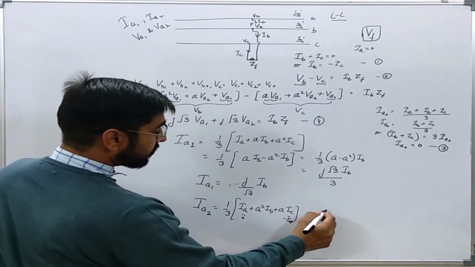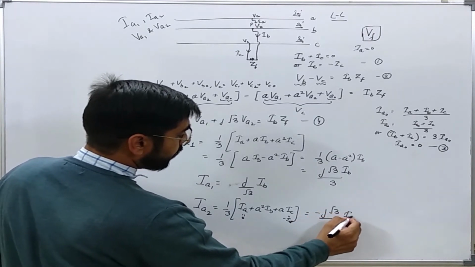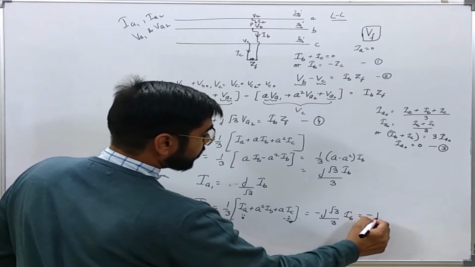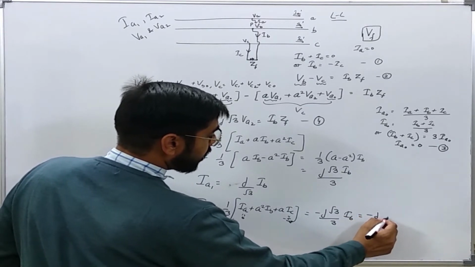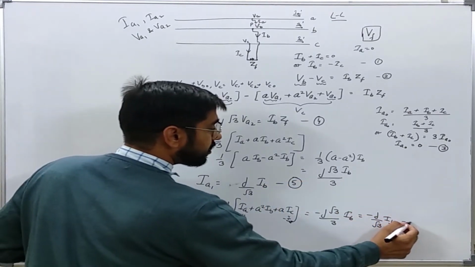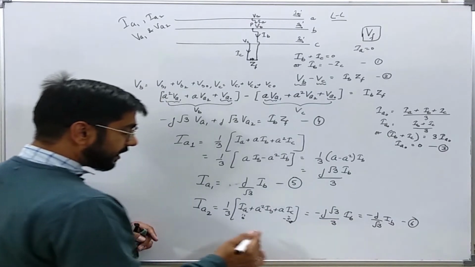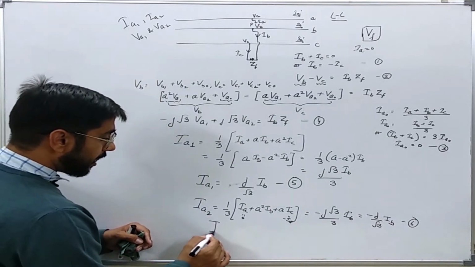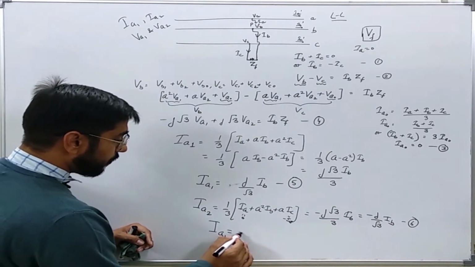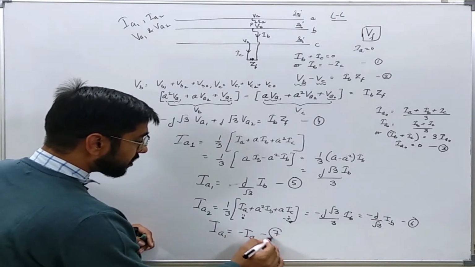So I can write it as minus j root 3 by 3 IB, or minus j by root 3 IB. Let us say this is equation number 5 and this is equation number 6. Now from equation number 5 and 6 we can see that IA1 is equal to minus of IA2. So this is equation number 7.